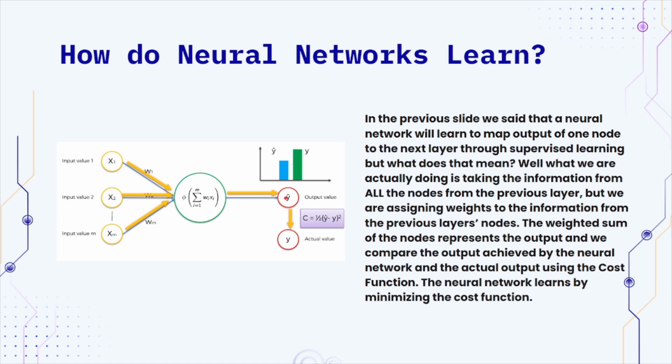So y hat is basically just the estimation that your neural network gets. Your cost function will be the root mean squared. I think it's root mean squared. There are different types of cost functions depending on what you want to do, but for simplicity's sake, this is the most common one. It's just looking at the distance between the estimated value of your neural network and the real value.